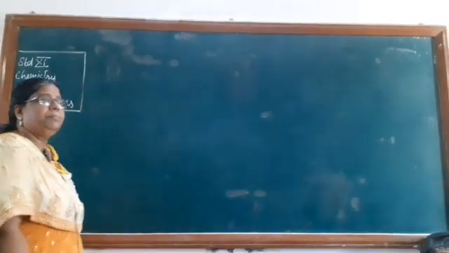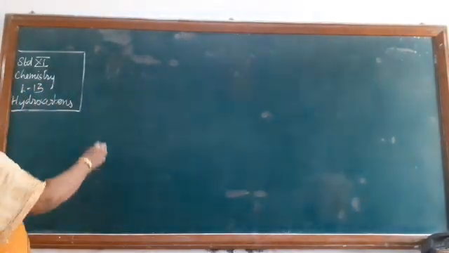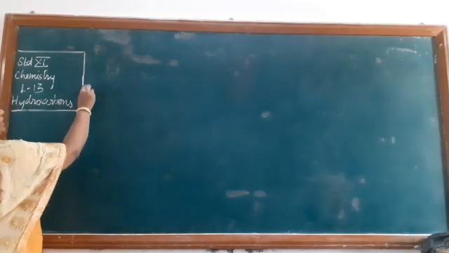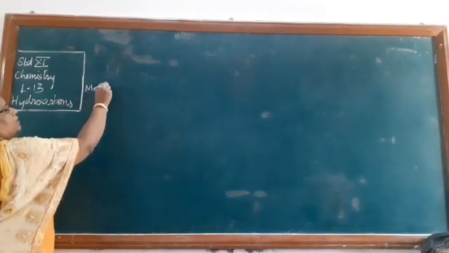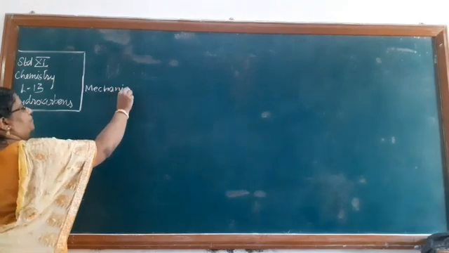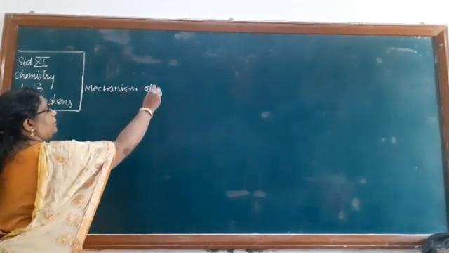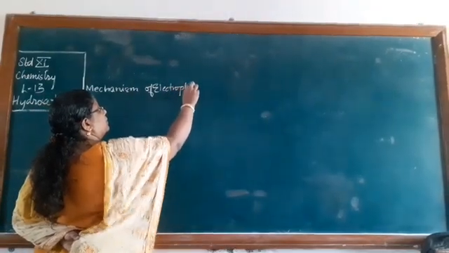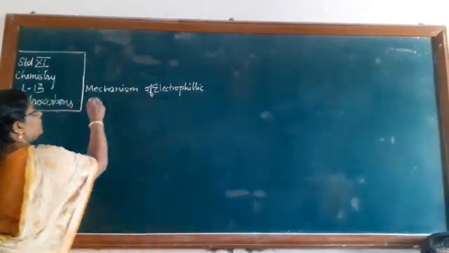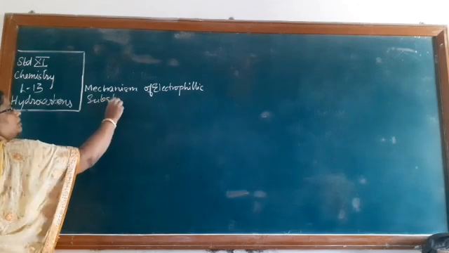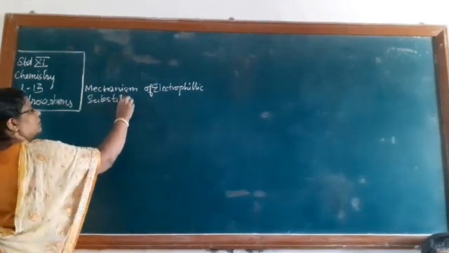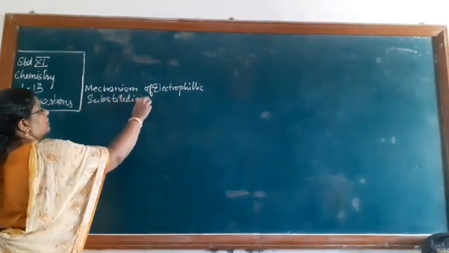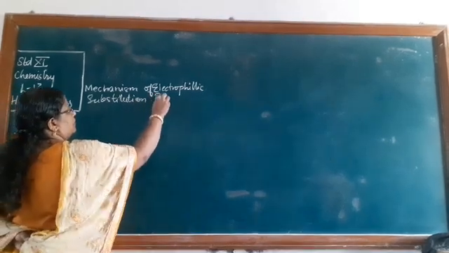Now let us discuss the mechanism of electrophilic substitution reaction. We will not go into very much detail, I will just write the steps. So the mechanism of electrophilic substitution reaction.